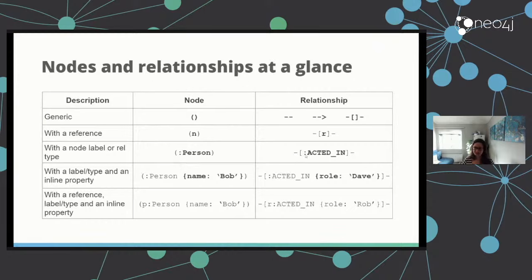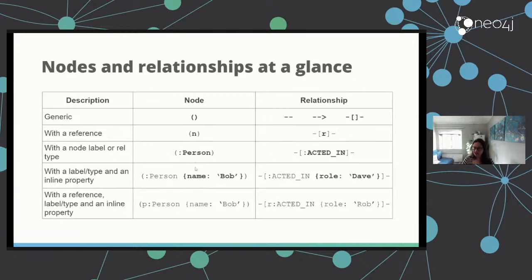If I want to refer to a specific relationship type, I will do :TYPE. Notice we are using either the round brackets for a node or the square brackets for a relationship type. If I want to refer to a specific node with a specific property, or a specific relationship with a specific property, I use the curly braces. So it's curly braces either for a node or a relationship.